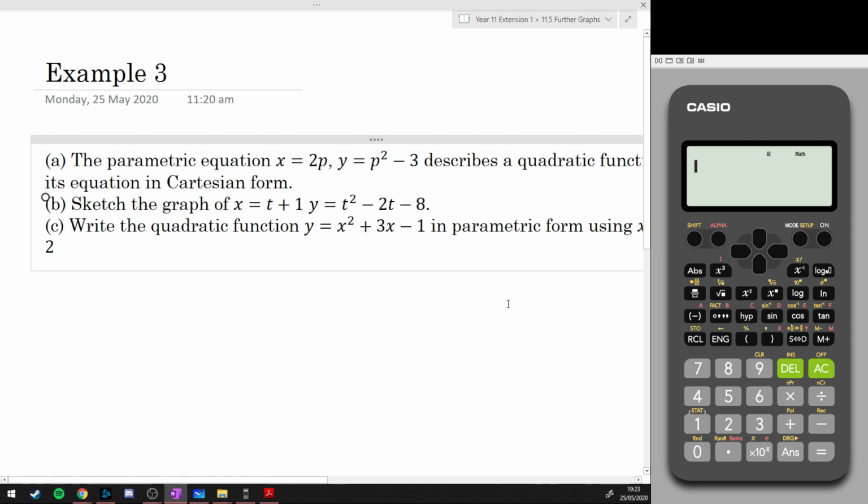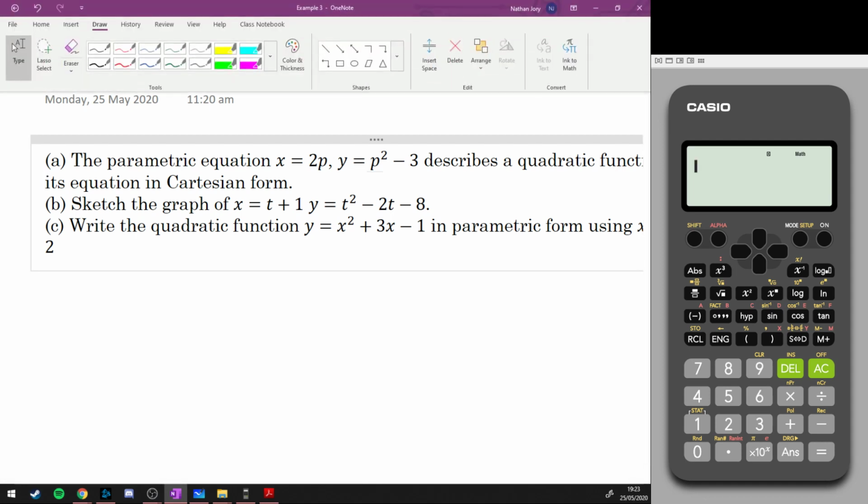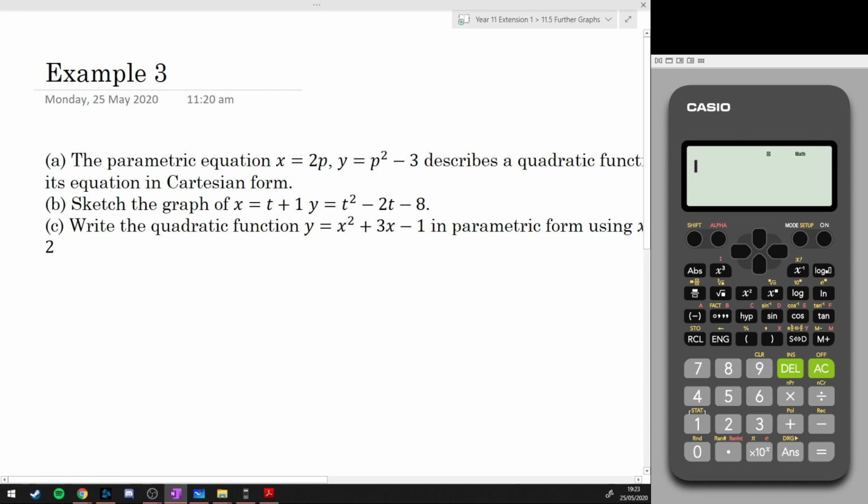So we've got this question. It says the parametric equation x is equal to 2p, y is equal to p squared minus 3, describes a quadratic function. Find its equation in Cartesian form. We're essentially doing what we did before, substituting one value into the other to find the Cartesian form. So x is equal to 2p and y is equal to p squared minus 3.